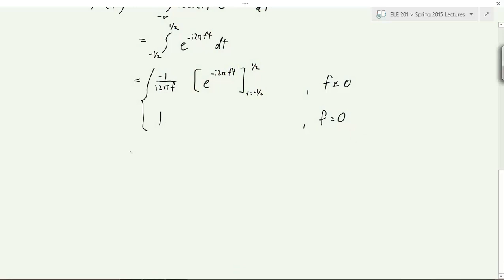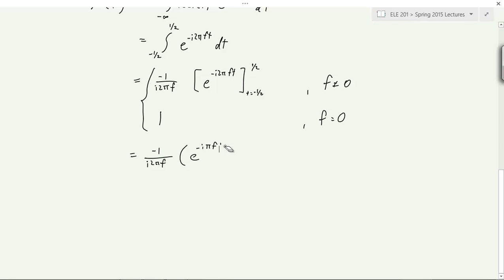And that equals, now up here, plug in negative half and half, and what we're going to get is negative 1 over i 2 pi f. And here, when you plug in a half, you get e to the negative i pi f.